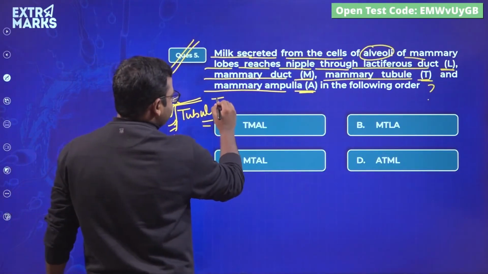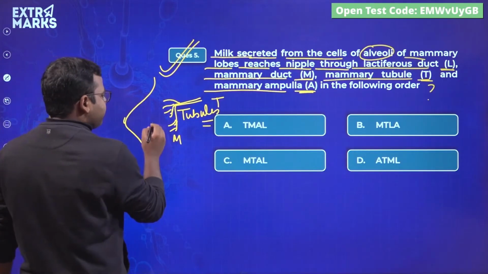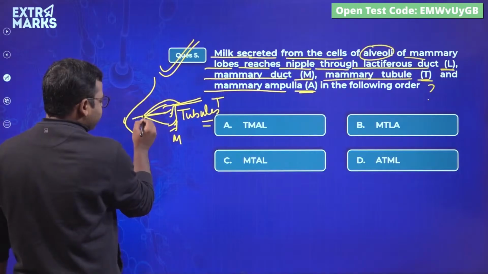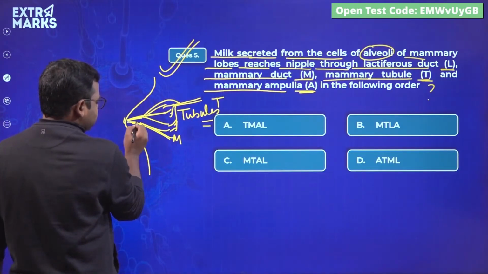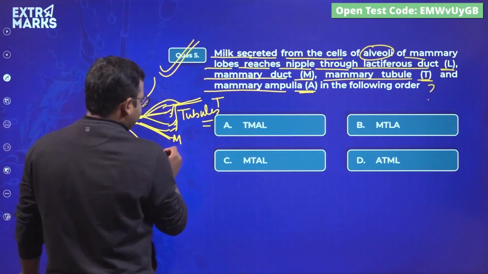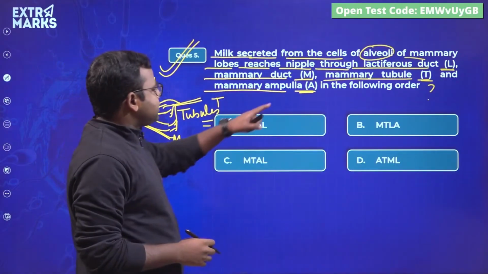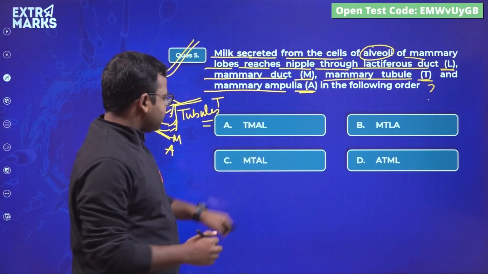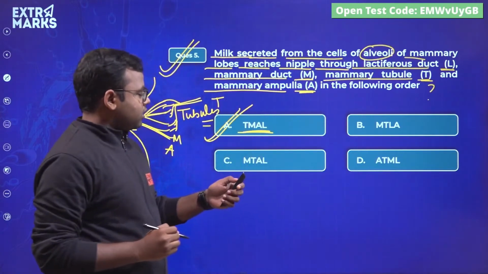Tubules is denoted by T, then mammary duct is denoted by M. Then it passes to ampulla, and all of them together form the lactiferous duct. So ampulla and then lactiferous duct. So it will be TMAL. So the correct answer you can see here is option A, TMAL, right?